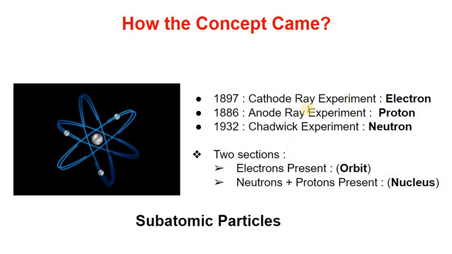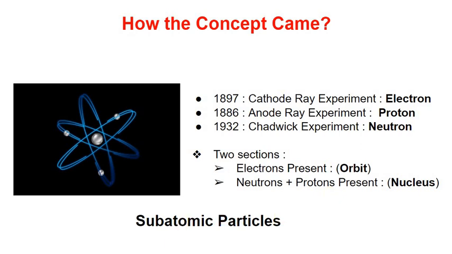So at that time they got to know that there are two sections in the atom. The first one is where the electrons are present, called orbits, and the second section is the nucleus, where neutrons and protons are present.